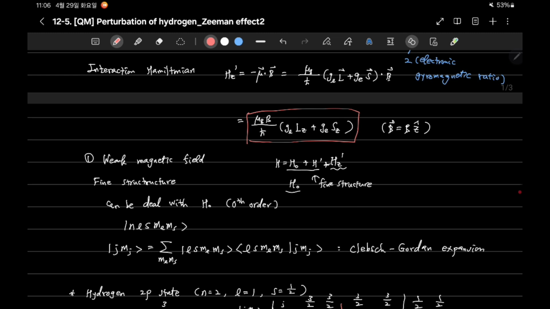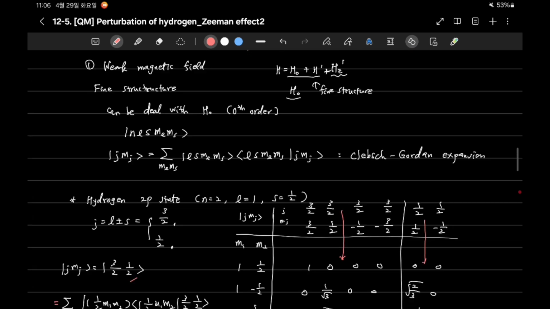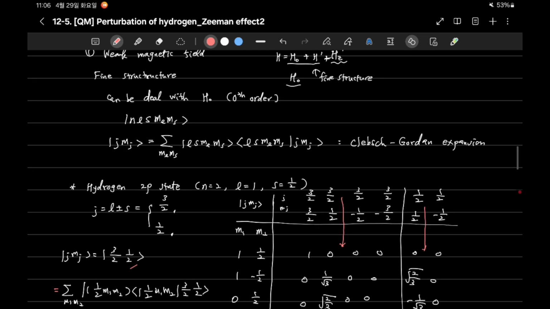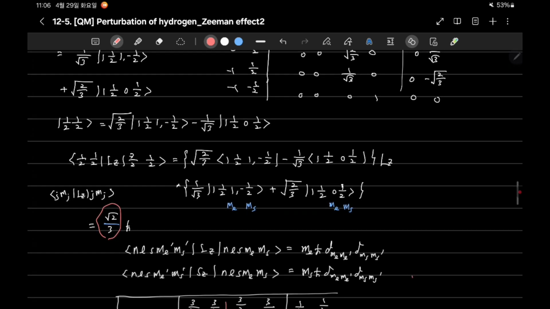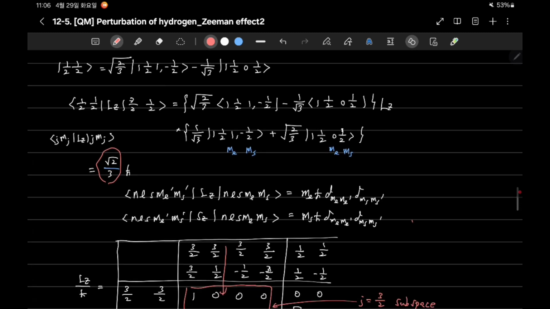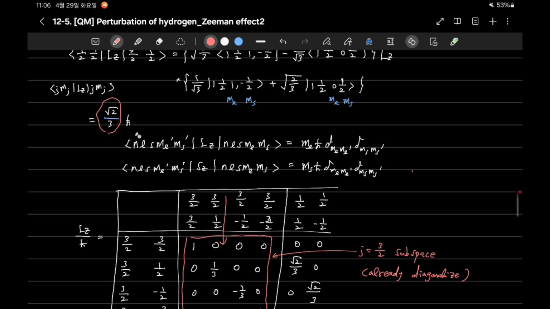So we should calculate in the uncoupled basis in terms of this Clebsch-Gordan coefficient. So L_z and S_z should be calculated like this, with the L_z expectation and S_z expectation, L_z applied to ML and S_z applied to MS.